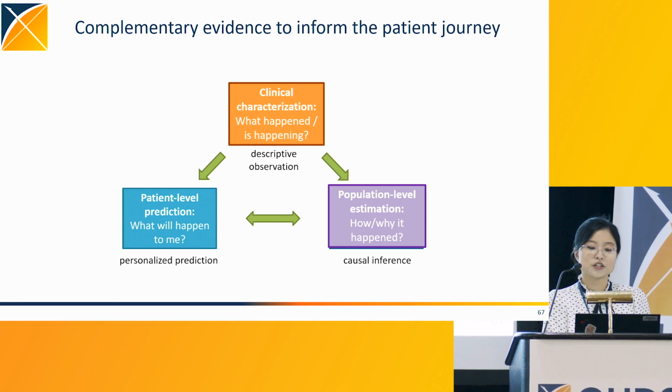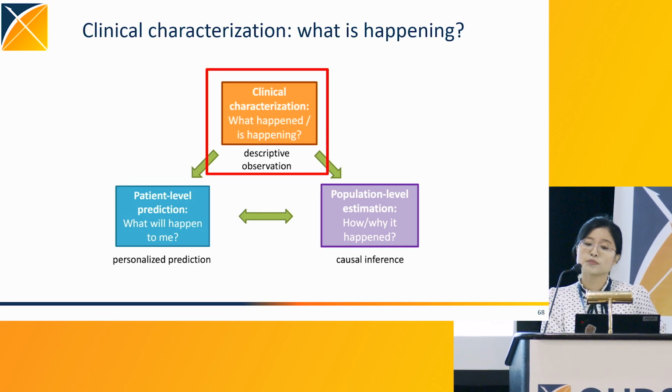Patient-level prediction is about predicting what will happen to a particular patient. And population-level estimation is more of a causal ask in nature, trying to understand how and why something happened. So I'm going to first briefly introduce clinical characterization and how we do it.